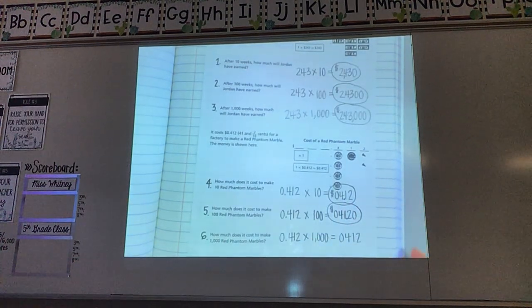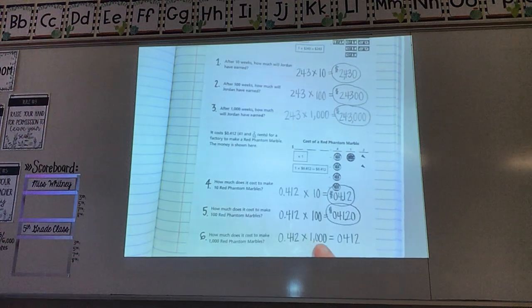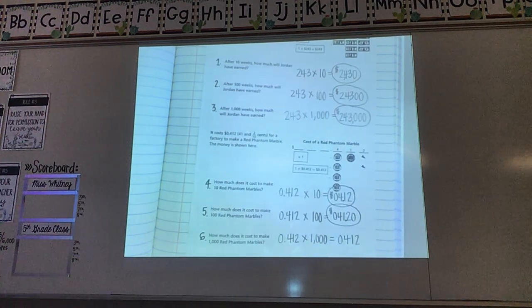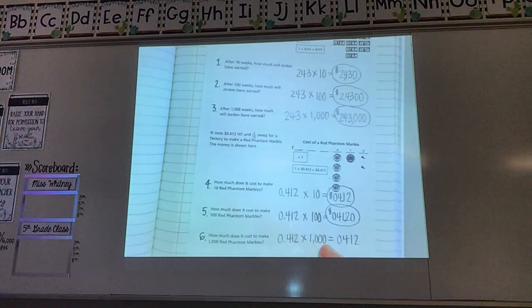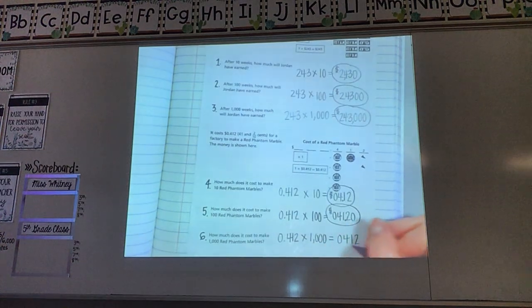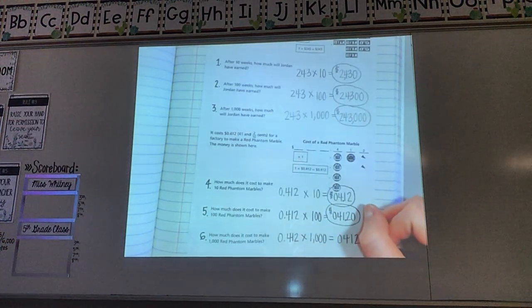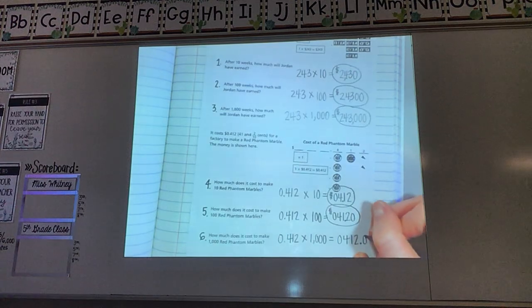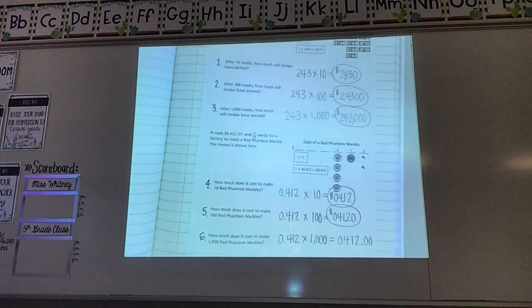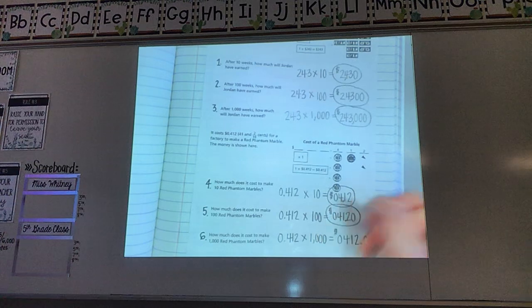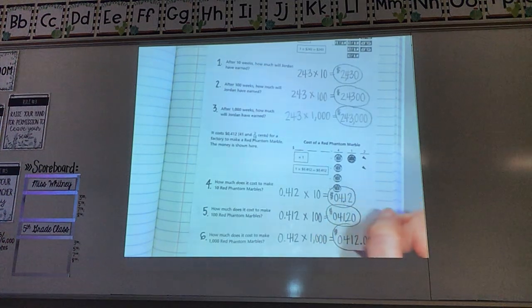And instead of adding zeros, I'm going to count. I have 3 zeros, so I need to move my decimal point backwards 3 spots. So 1, 2, 3, it's going to be right here behind the 2, and I'm going to add 2 zeros so that it looks like money. Ooh, how much money does it cost them to make 1,000 marbles?